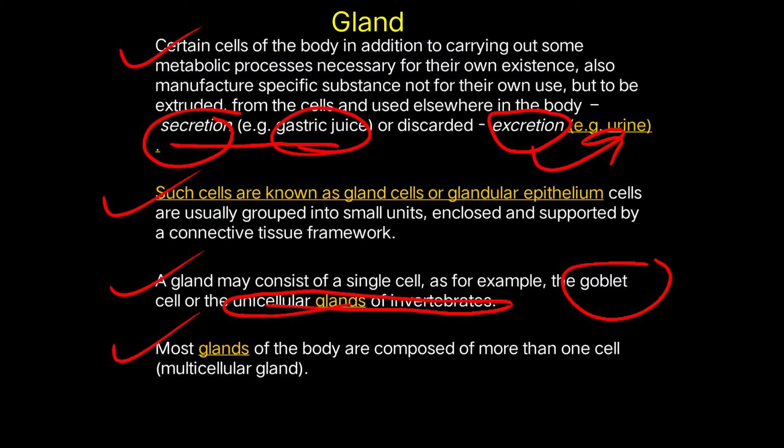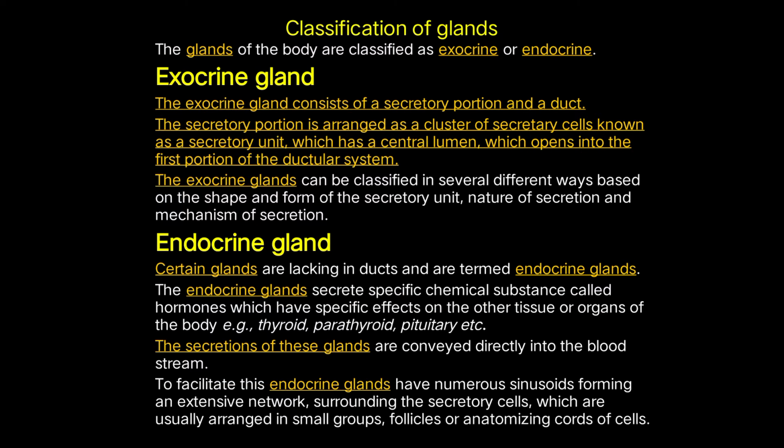So they are known as multicellular glands. Now, multicellular glands we can classify as exocrine and endocrine glands.